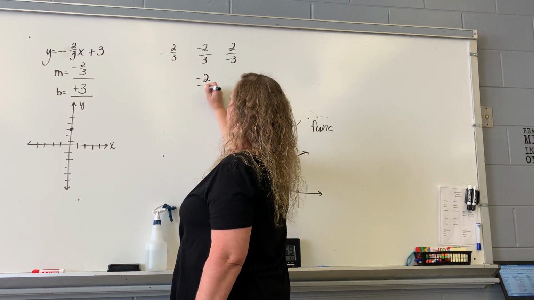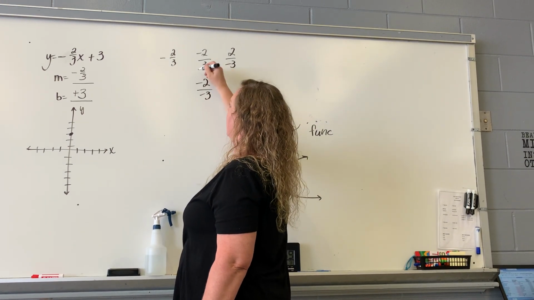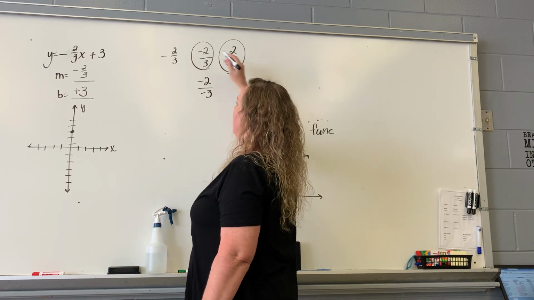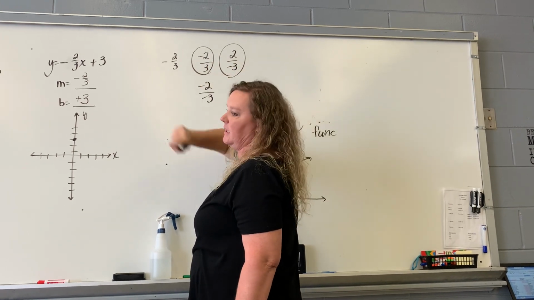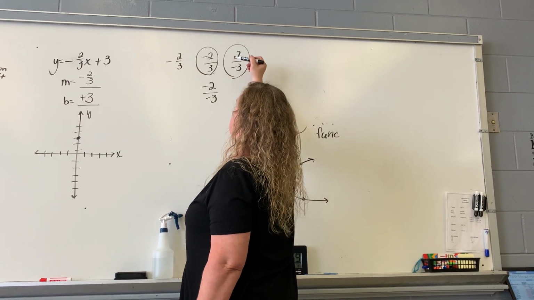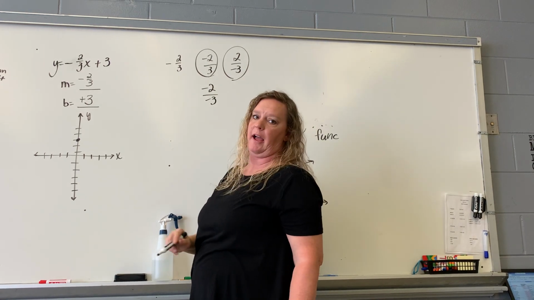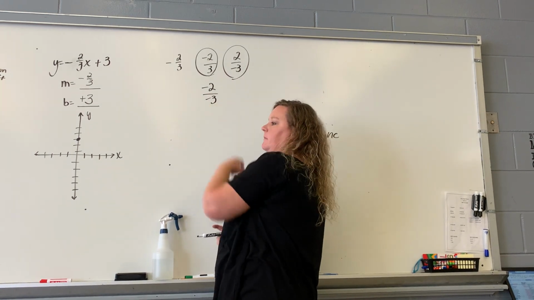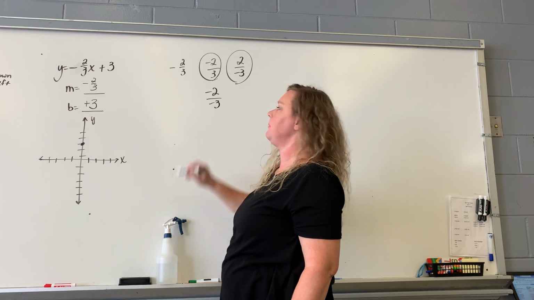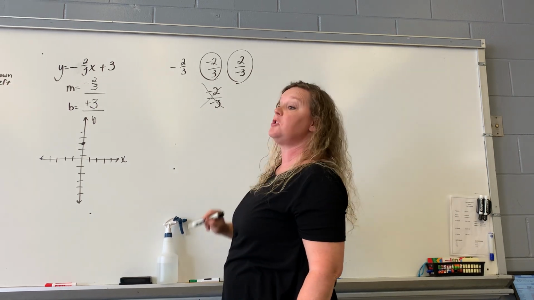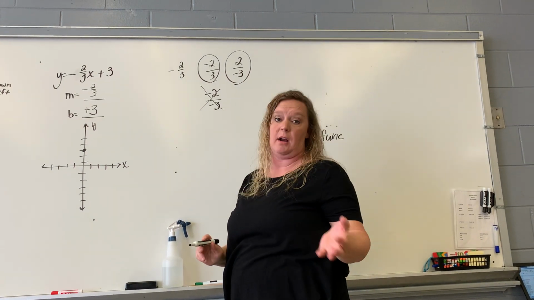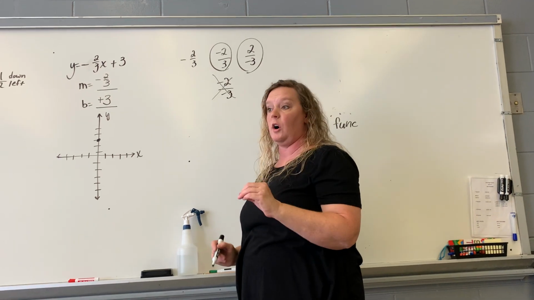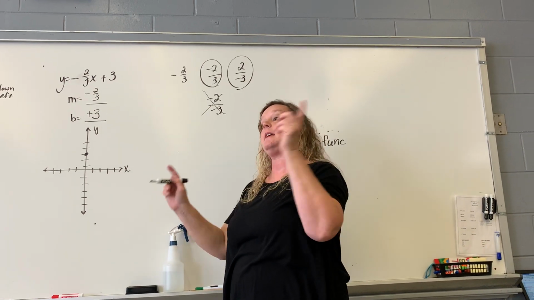Can it be both? It can be both of these, right? A negative divided by a positive is still a negative fraction. And a positive divided by a negative is still a negative fraction. But what about this? No, because that would be a positive. Can't use 2 negatives. I can use 1 negative anywhere I want to, on the top or on the bottom. I just can't use it both places because that would make it be positive.